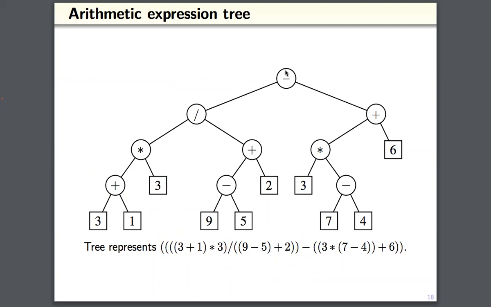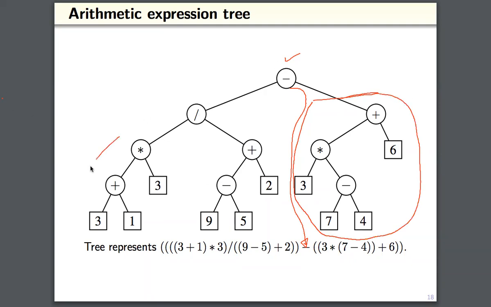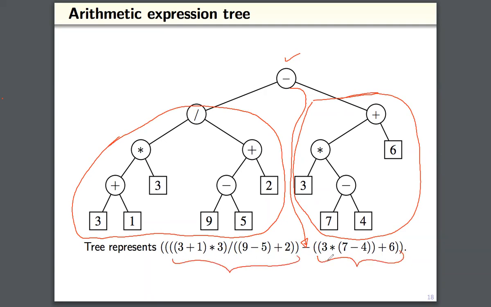Now let's look at the root node. What do you mean by this root node? This is the computation you do last. How? This is the entire subtree on the right. First, you have to compute this. And then this is the entire subtree on the left. Once you have computed this one and this one, only then you can apply the subtraction.